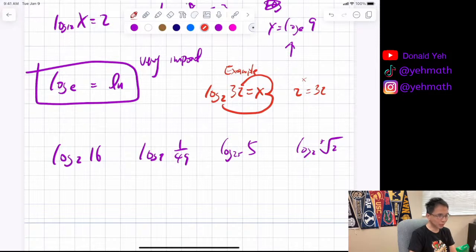Then I need to change to a common base: 2 to the x equal to 2 to the 5th, because 2 to the 5th is 32. And then x is equal to 5. And that's how you find the value. So I want you to find all those 4 values and compare with each other to see how you're doing. We're not doing anything difficult. We start with something super easy. Anybody can do this.